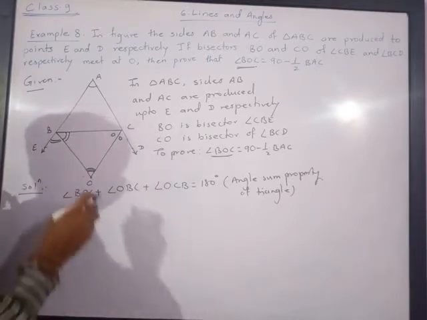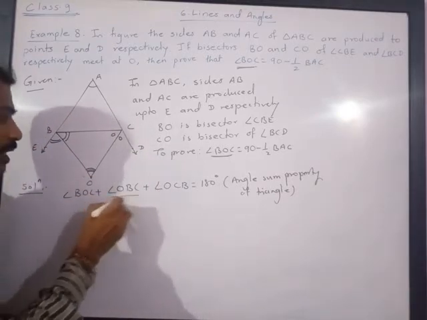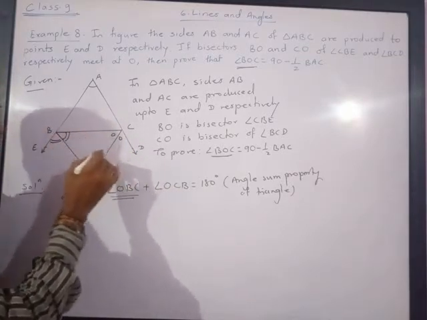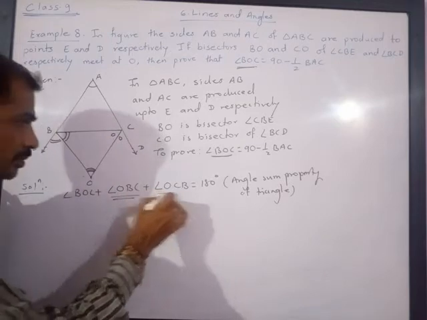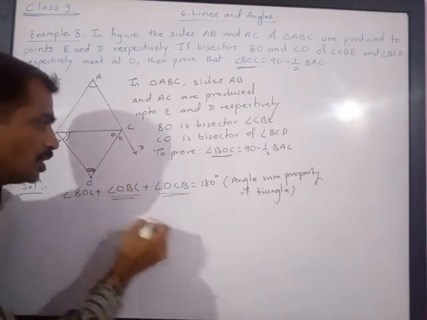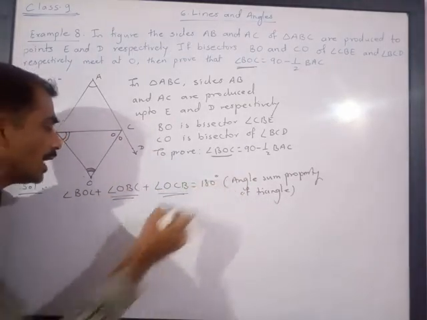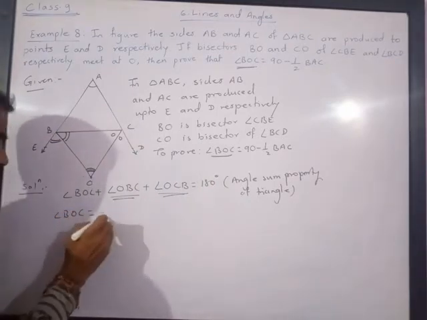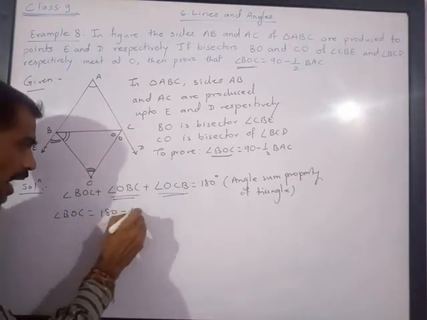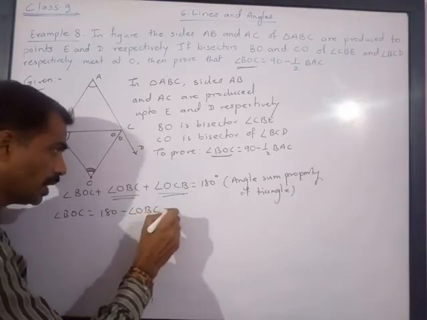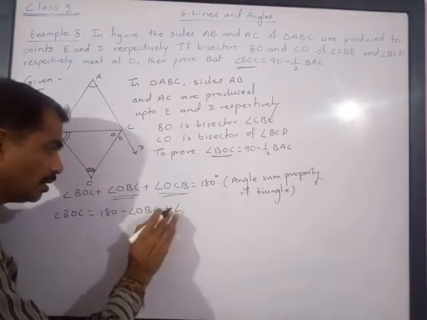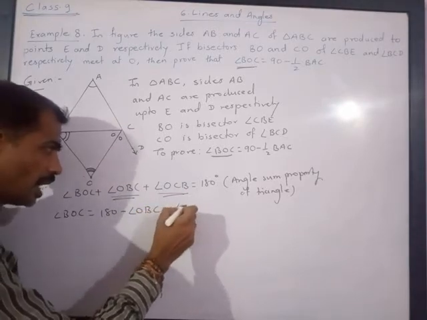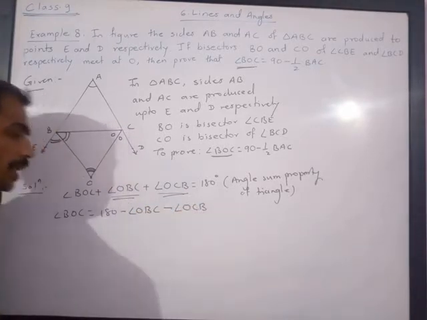Now look at the figure. OBC is this angle and OCB is this angle. So I am transposing these to the right hand side. So I will get angle BOC is equal to 180 minus angle OBC minus angle OCB.